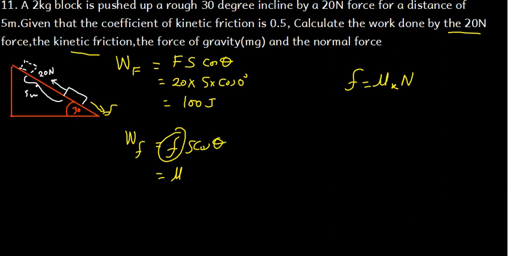But how do we find normal force in this case? So on an incline, you have got a normal force there, you have got a weight force here. So if we extend the normal force like that, we can even join this. So this portion which is here is going to be equal to the normal force. So let's call this y, because this is going to be the weight of the mass.